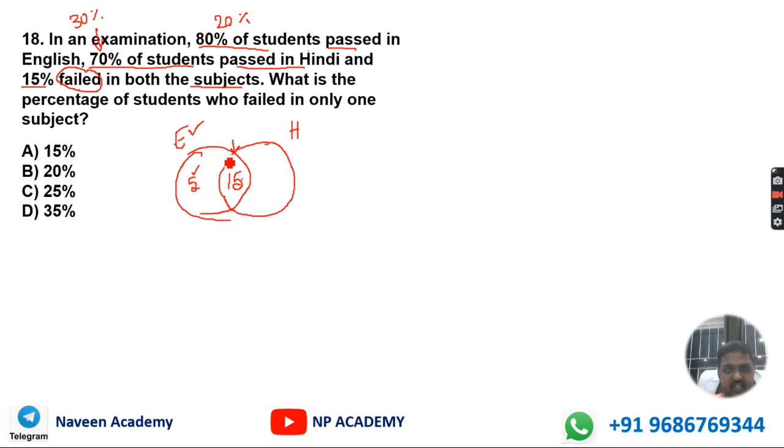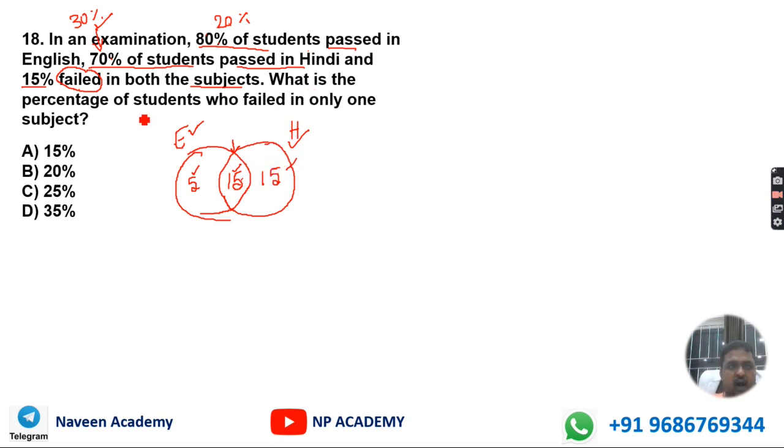So 20% is English. Similar way, Hindi 30% are filled, already 15% is filled, remaining we have to fill 15%. Everybody clear? So only Hindi is 15% failed. Hindi failed is 30% failed.